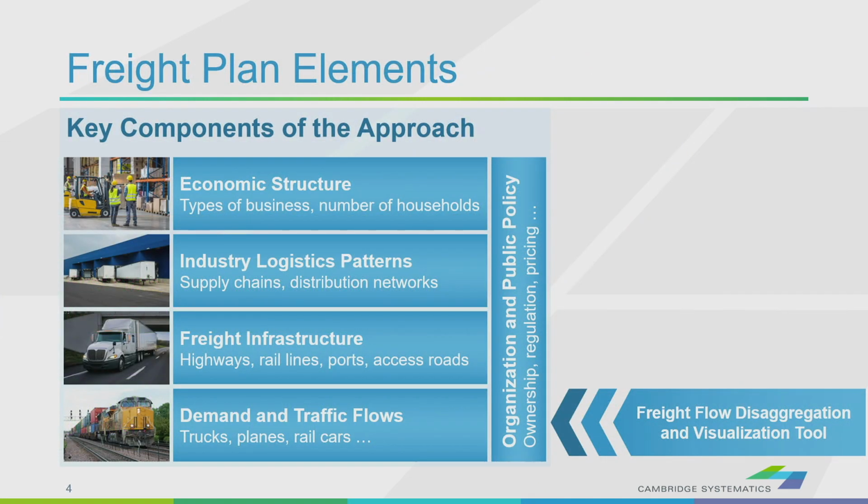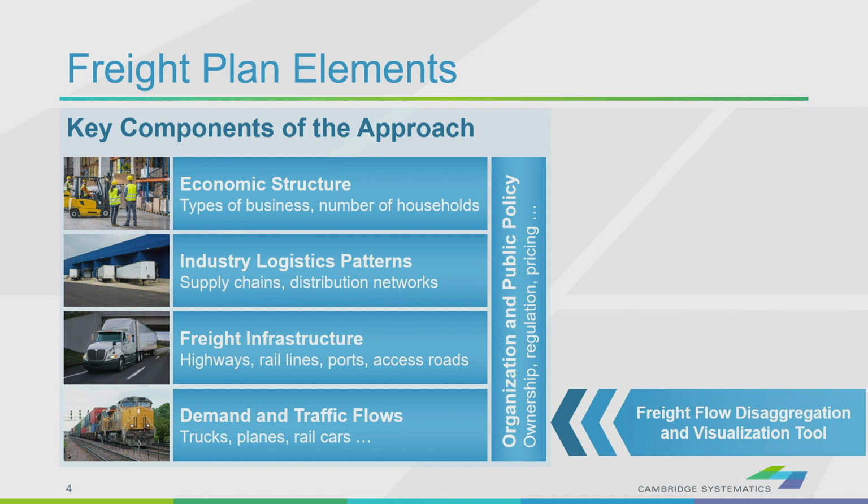So these were the key components of the overall approach to develop the plan, and the freight flow tool was part of the demand estimation. Basically what we did was we took a look at the economic structure of the state in terms of what were the key freight-intensive industries that were driving freight demand in the state, what were their industry logistics patterns, so how are these industries using the freight network, what were their needs, bottlenecks, et cetera, and then what was the priority infrastructure for them.